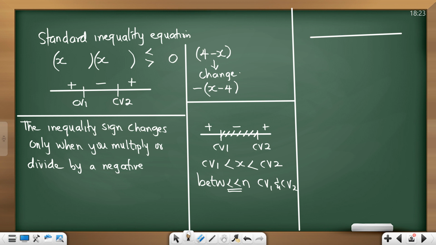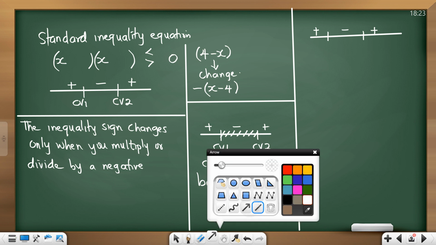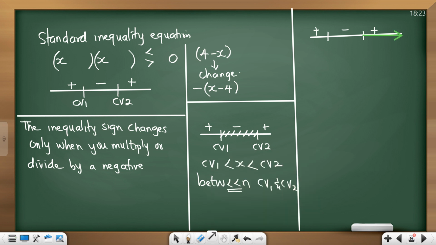Between CV1 and CV2. Look at my inequality there. If your answer, this is really a crash course, plus, negative, plus. If your answers are positive, that is greater than 0, this one here, your inequality expression is greater than 0. CV1 and CV2.